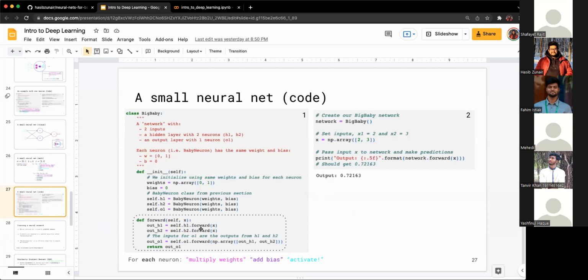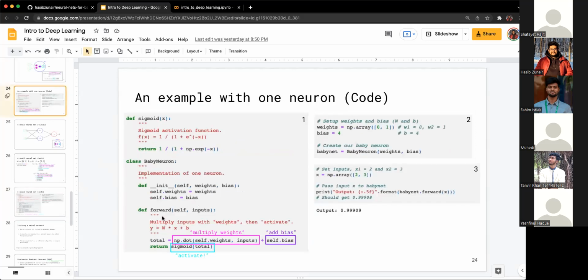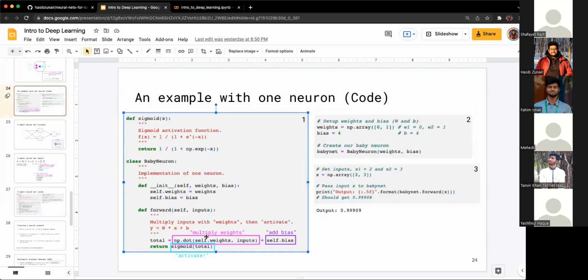For simplicity, I didn't show it over here, but you can see it's the same as when we initialize the baby neuron class, which is essentially this one. It's just doing a dot product, adding a bias, and then activating it. That's just it.